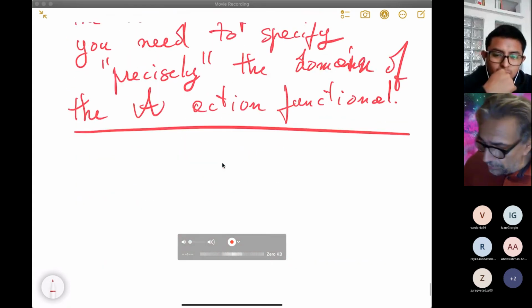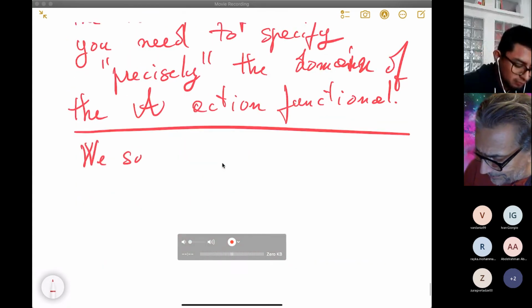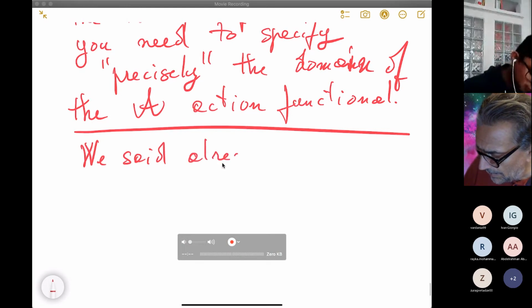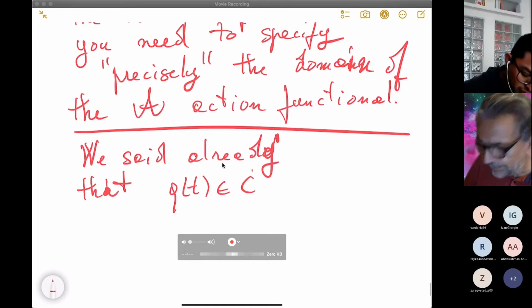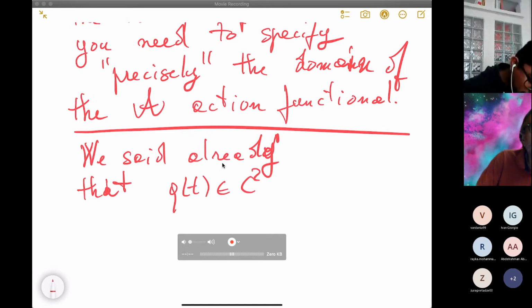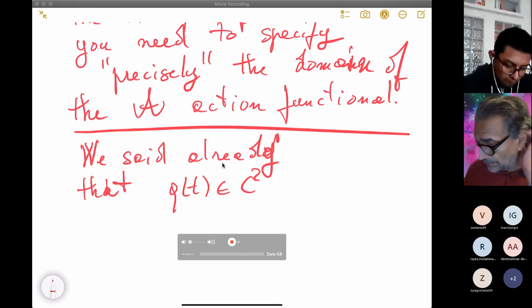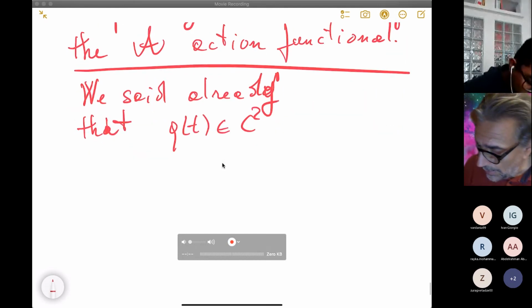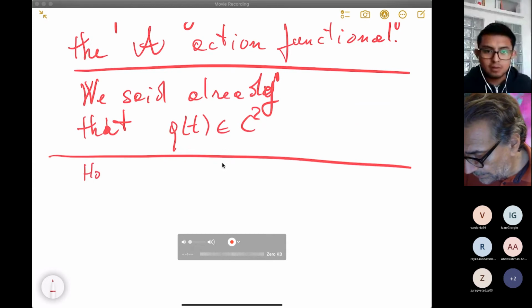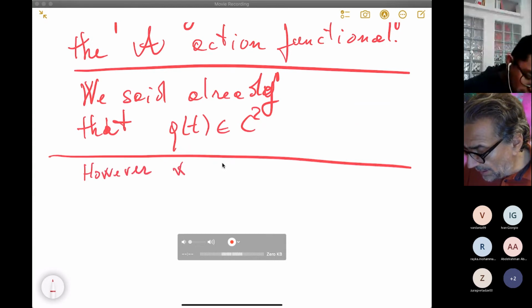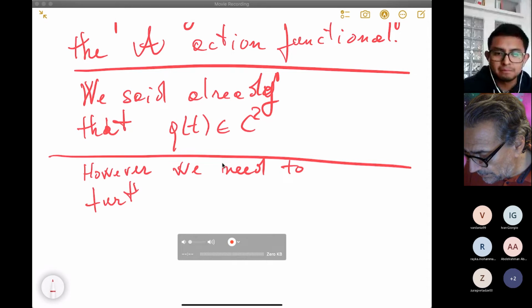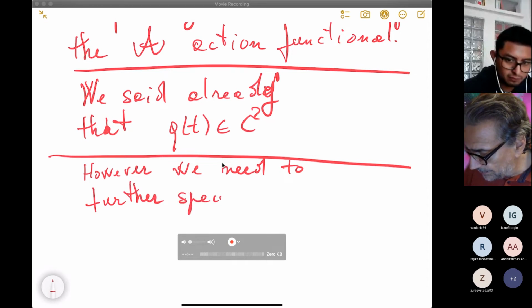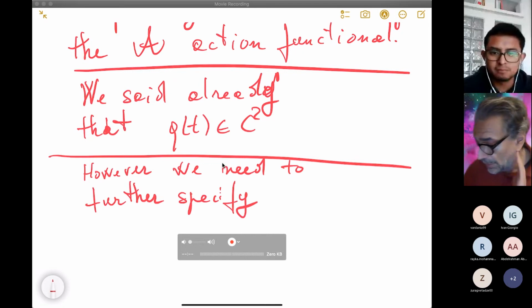We said already that q of t belongs to C2. However, we need to further specify this domain.